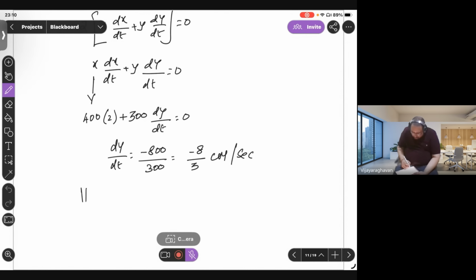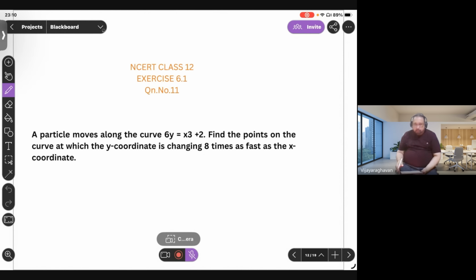So the height on the wall with reference to the ladder is decreasing at the rate of 8 over 3 centimeters per second. That's all.